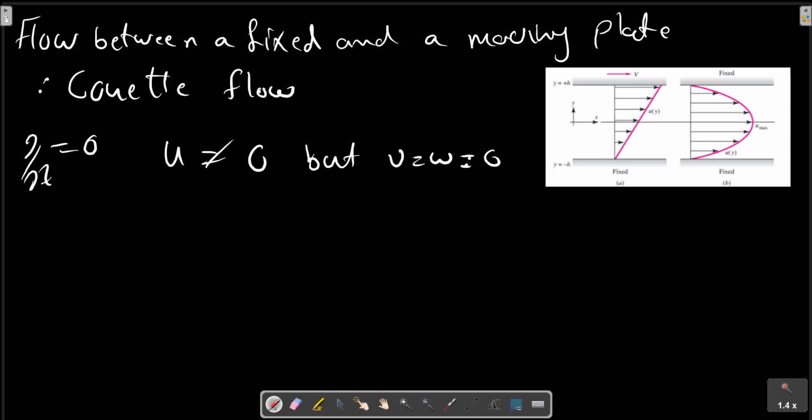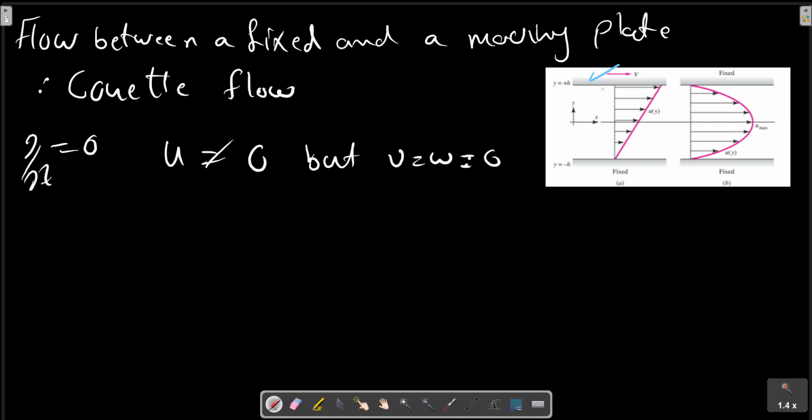The present case is in this picture, where the upper plate moves at a velocity V, but there is no pressure gradient. Neglect gravity effects.